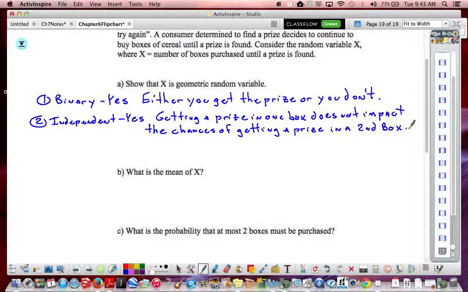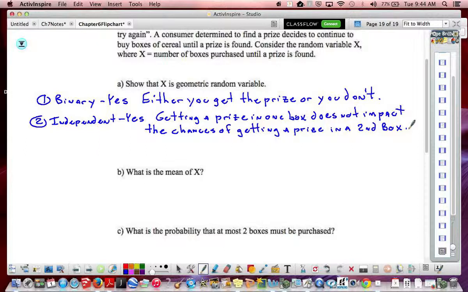You can think about it that the number of boxes probably produced is very, very big, so it really doesn't impact because even though you're sampling without replacement, you can think of, if we're General Mills, how many boxes of Cheerios do you think they make on a daily basis?